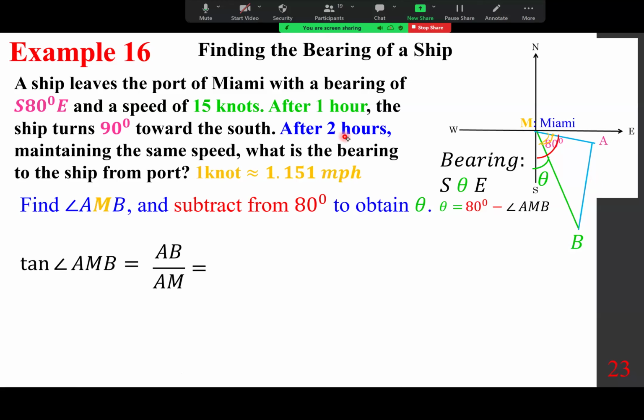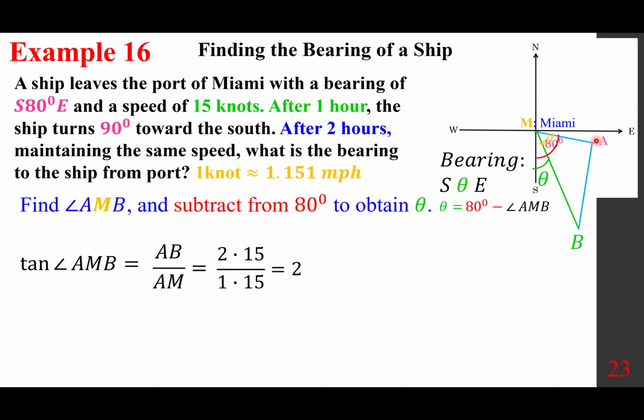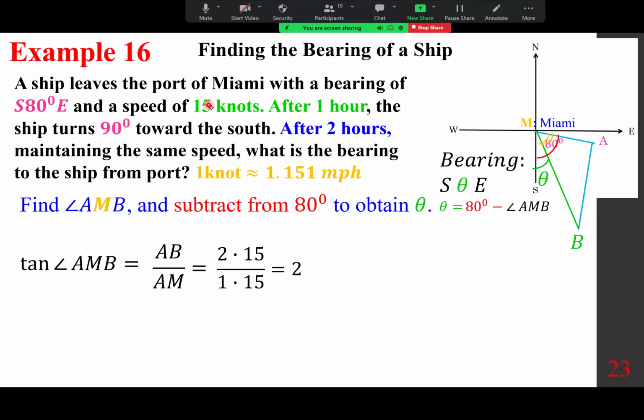So 15 times 2. In this case, 15 times 1. You can keep the units the same because they're both knots. That's fine. And so the answer is 2. I hope everybody's clear. This is after 1 hour, 1 times 15, D equals RT. This is after 2 hours, 2 times 15.